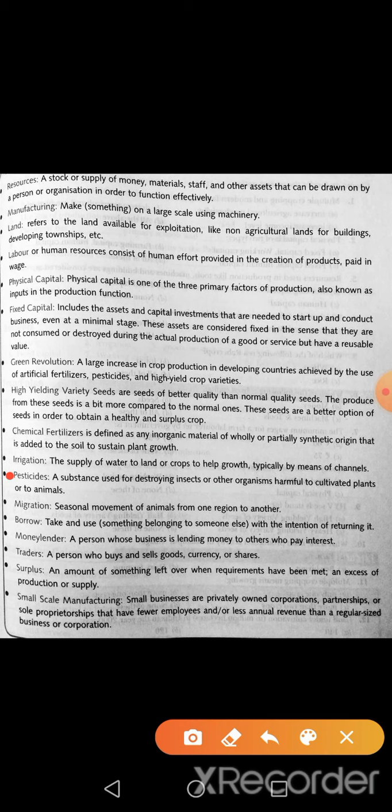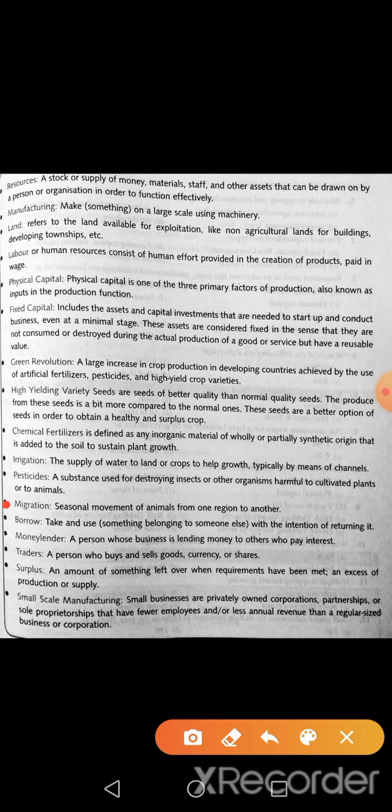Just like we are currently facing, the locusts were there in our India, and almost 9 to 12 states were affected by those locusts, which are eating the crops and destroying them very badly. So we can use pesticides to kill those insects.